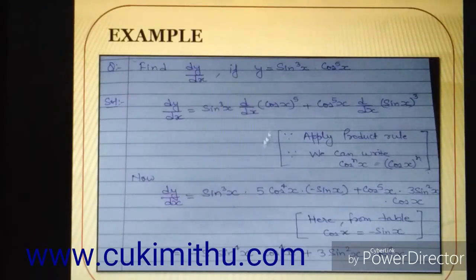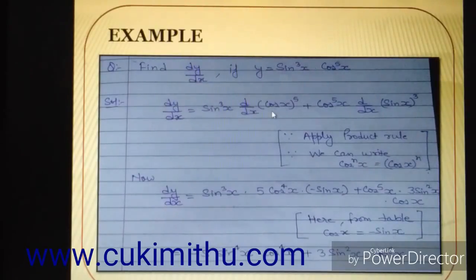Now the derivative of sine x is constant, sine cube x, but what is the derivative of cos x to the power 5? Don't get confused, kids: cos x to the power 5 is in two forms, an x to the power n form and cos x. So in one derivative you get two functions.